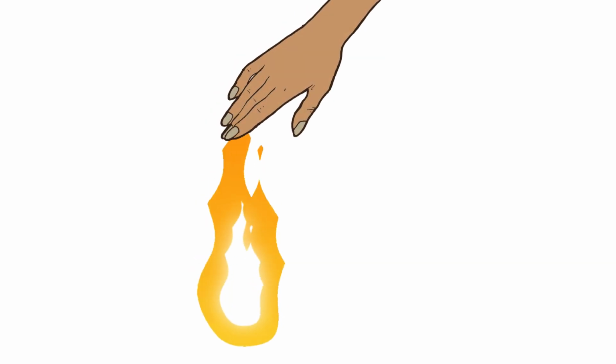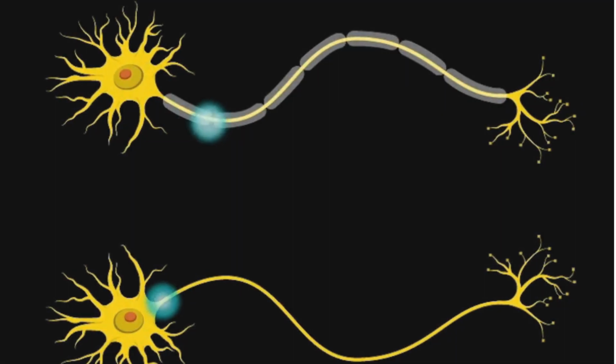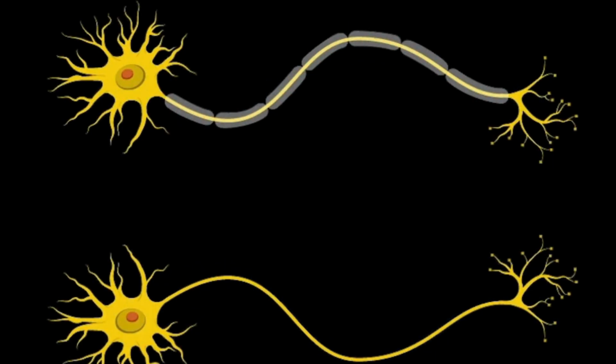Now, here is how the messages move. When you touch something hot, a sensory neuron picks up the message like a sensor. This message, which is an impulse, travels down the neuron as a tiny electrical signal, just like the current in a wire.